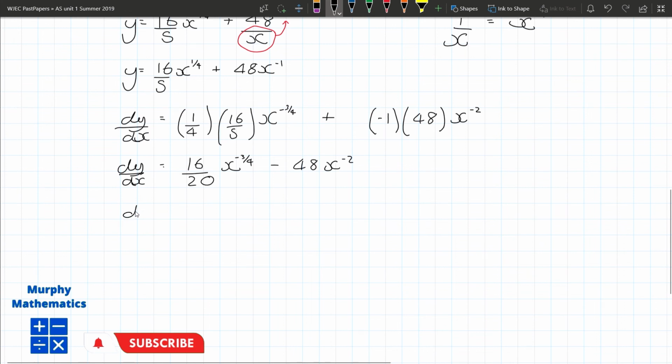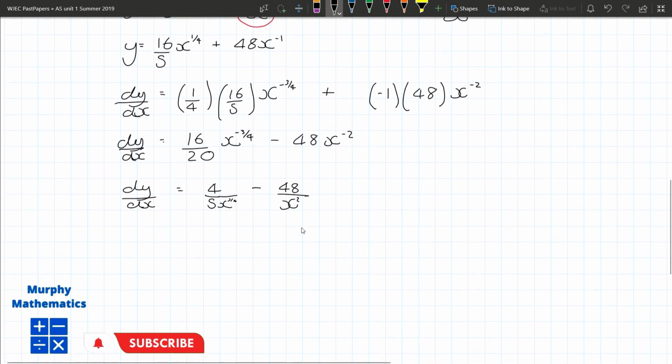So I'm going to have dy over dx equals, I can simplify this fraction, so I'd have 4 fifths, and then on the denominator I'm going to have x power 3 quarters, and I'm going to have minus 48, because I have a negative power, I'm going to have x on the denominator, x squared.